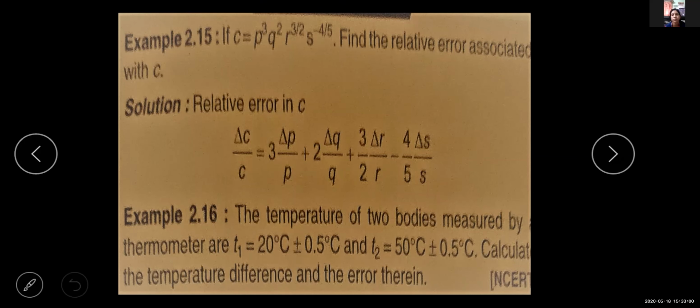On solving this we will get delta C upon C equal to 3 delta P upon P plus 2 delta Q upon Q plus 3 by 2 delta R upon R, since 3 by 2 is the power of R, and here the power of S is minus 4 by 5, so we can write minus 4 by 5 delta S upon S.